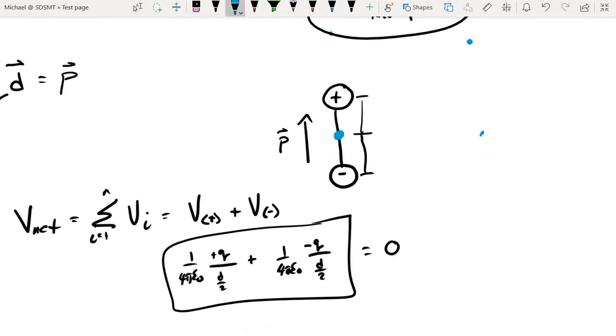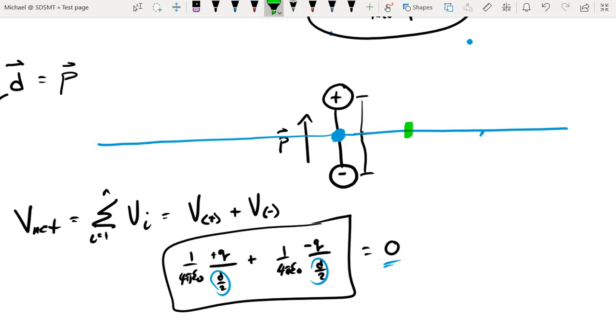Now, since I have 0 potential at this midpoint here, that would suggest that any point in space that is the same distance from our charges is going to have a 0 potential. And we can accomplish that by drawing a horizontal line in either direction.